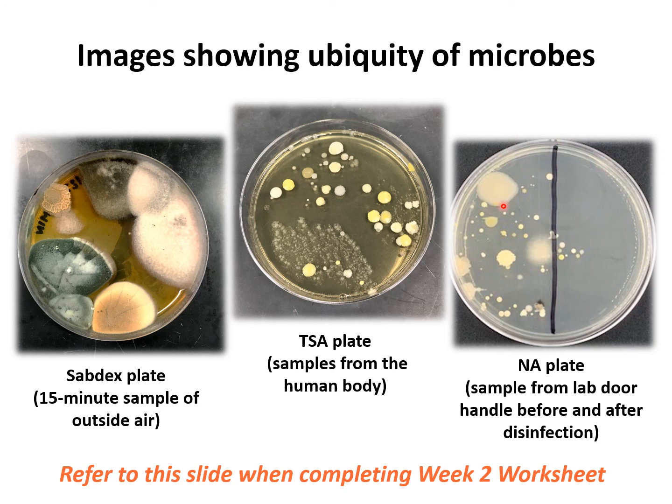So right here, this is the side that was before the disinfection. You guys can see how much bacteria growth you have on it. And then on this side, this is after it was bleached.